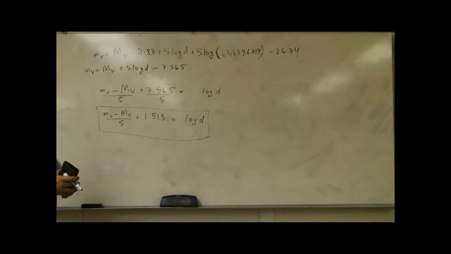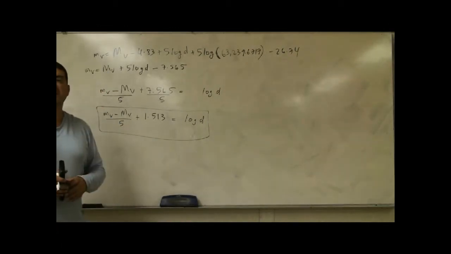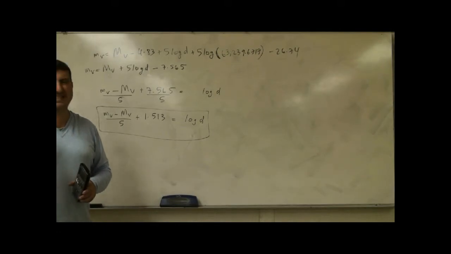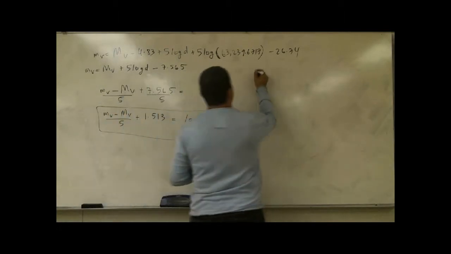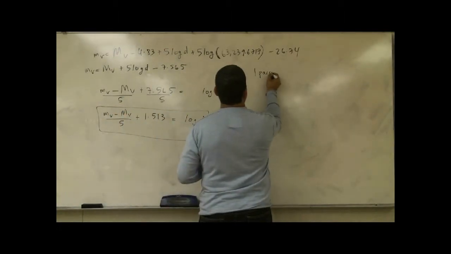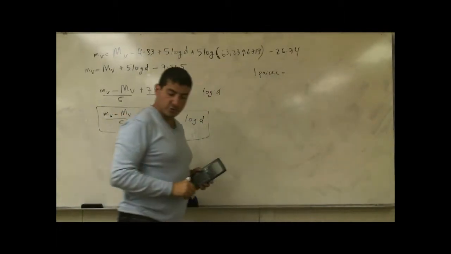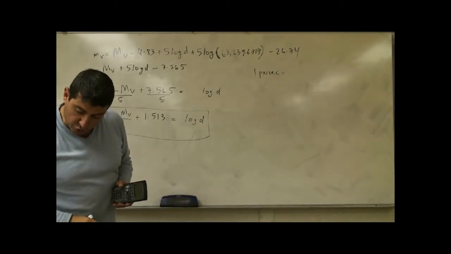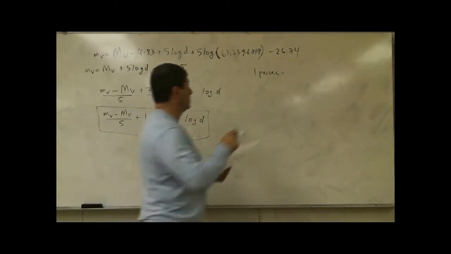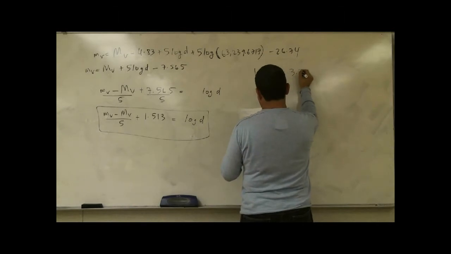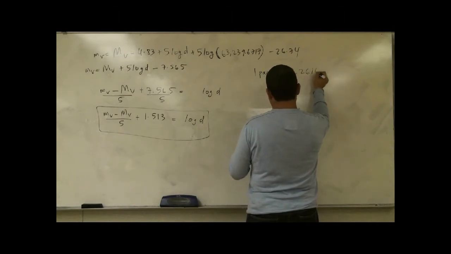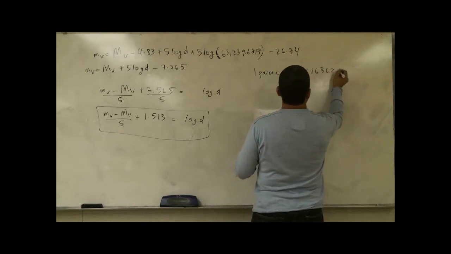What I'm going to do is this distance, instead of writing it as light years, I'm going to want to write it in parsecs. 1 parsec is equal to what? 3.26. So to be exact, it's 3.26163626 light years.